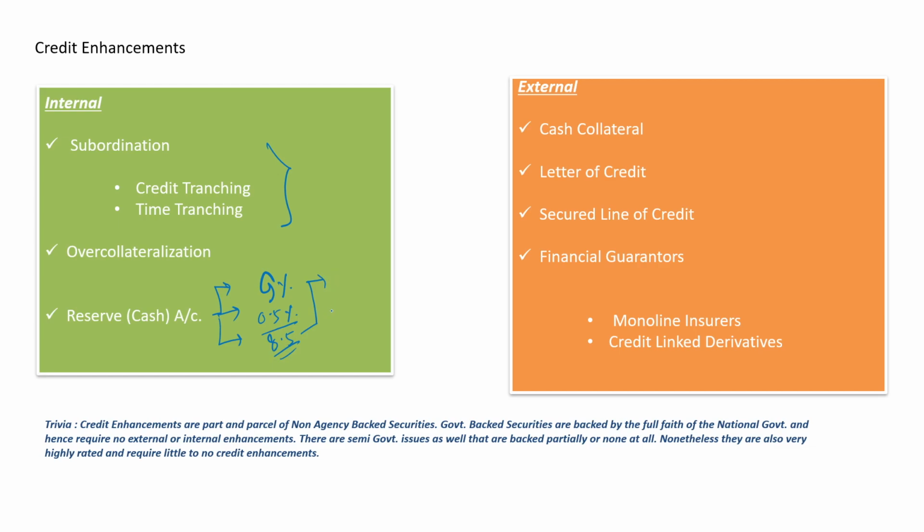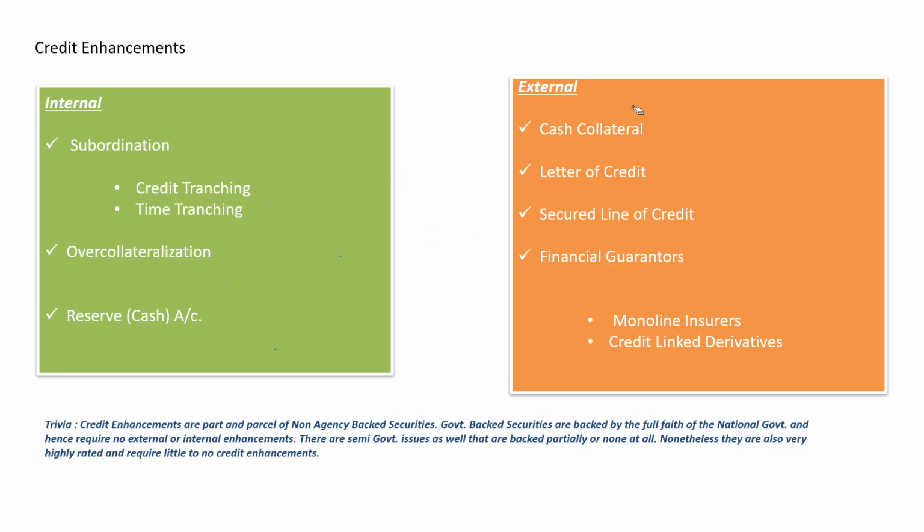Out of this, 1.5% of the cash proceeds is parked in a safe, interest-bearing account, and the rest, 7%, is then redistributed back to the tranche securities. So by means of these three, the credit and the credibility of the structure is retained.